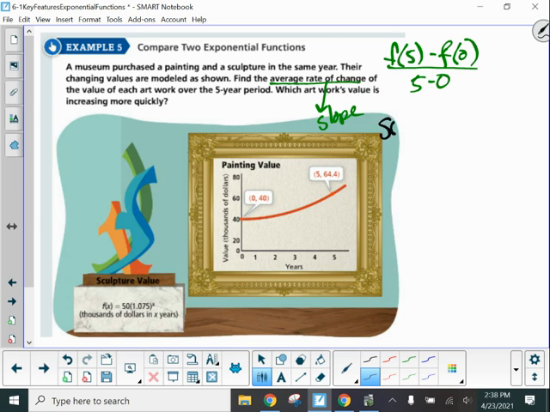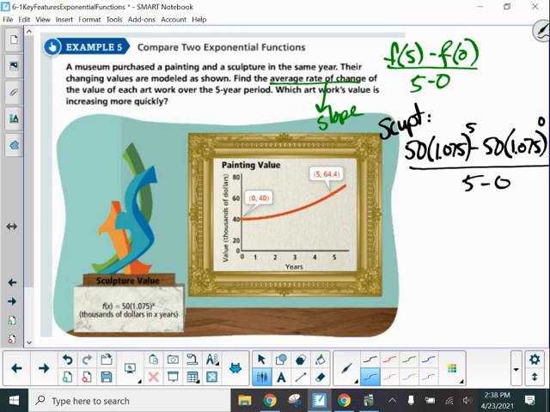So for the sculpture, remember my equation is 50 times 1.075 to the x power. So that is going to be 50 times 1.075 to the 5th power minus 50 times 1.075 to the 0 power, all over 5 minus 0.